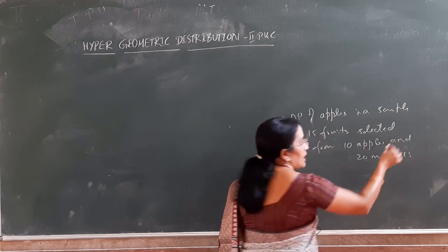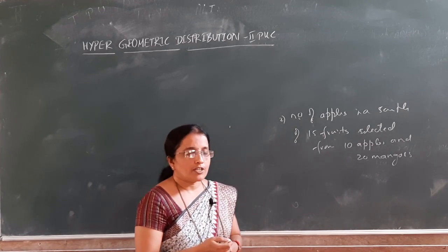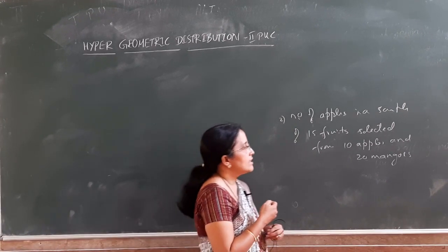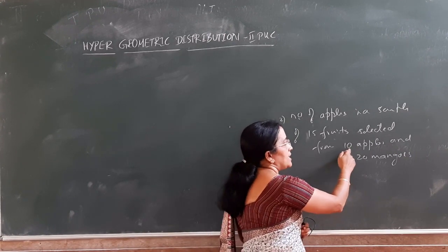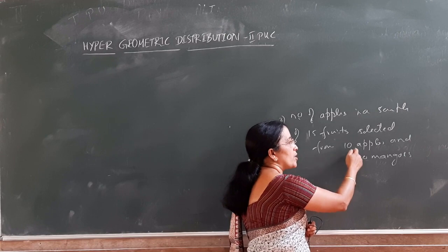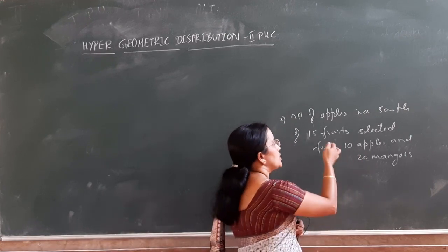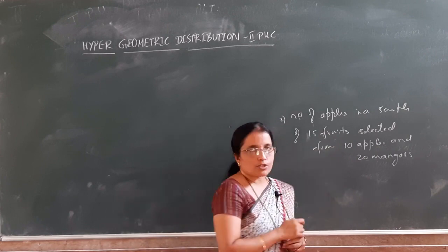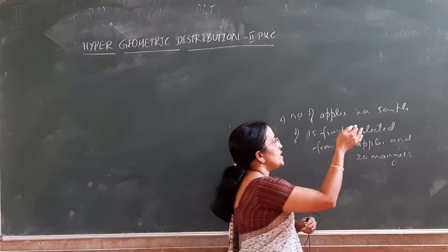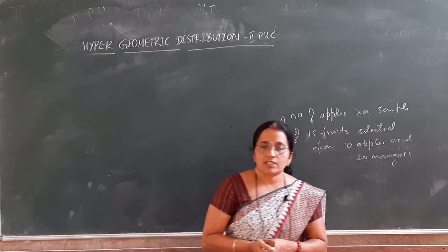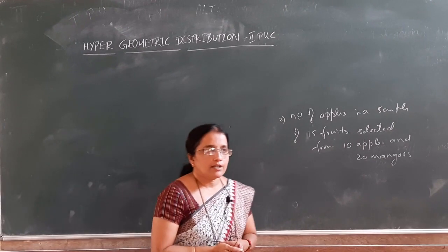In the earlier case, I considered girls and boys. Population has two classes. So here, totally there are 30 fruits, among them 10 apples and 20 mangoes. So the population has 30 units. Among them we are going to select 15 fruits, and the number of apples among those 15 fruits we are going to consider as an example for hypergeometric variate.